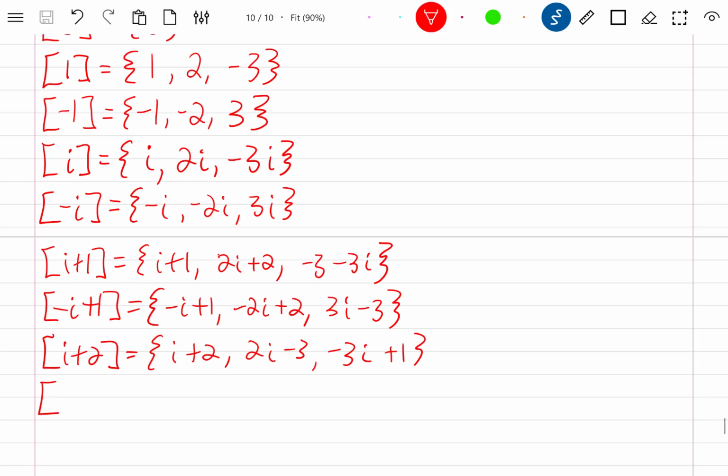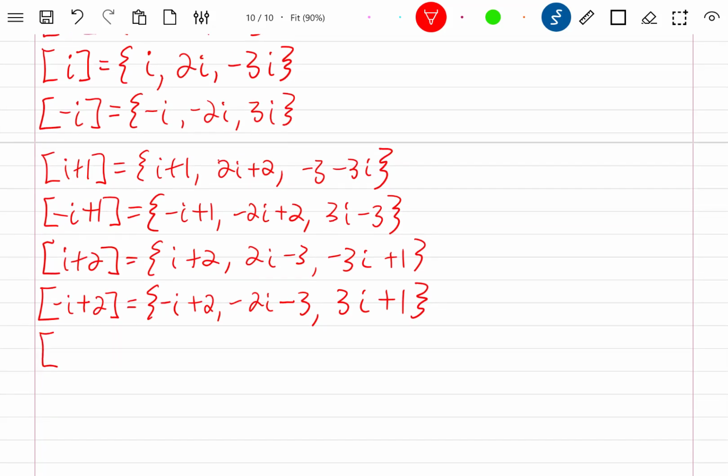So minus i plus 2 will be the exact same thing, but I have to... wait, no, it won't. It'll be negative i plus 2. Then it'll be minus 2i minus 3, and then 3i plus 1. Again, you just multiply by 2 and then -3, and we can continue on in this way.